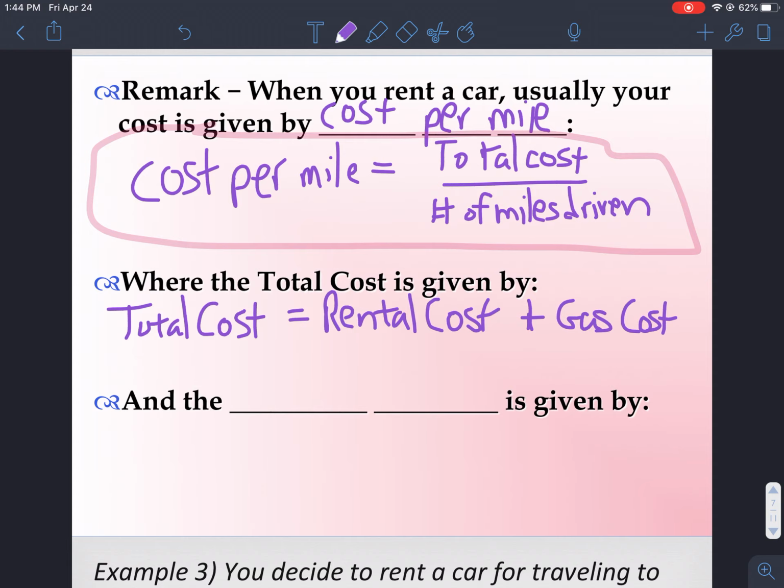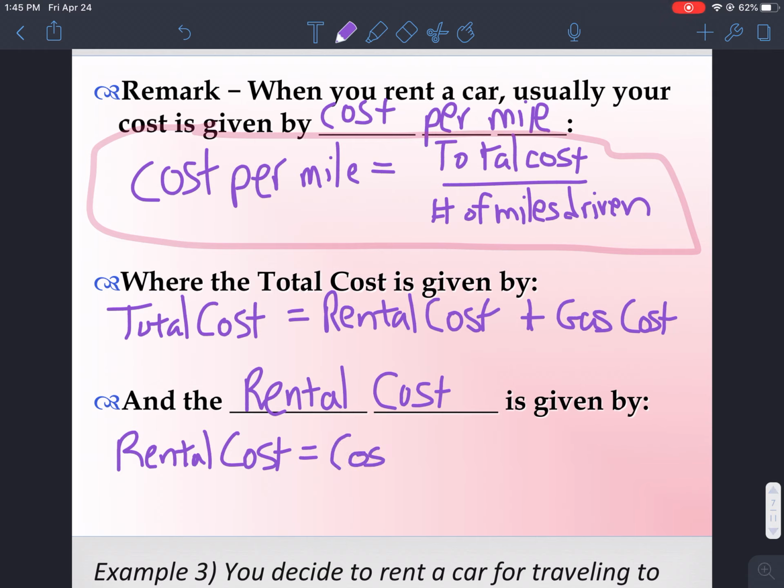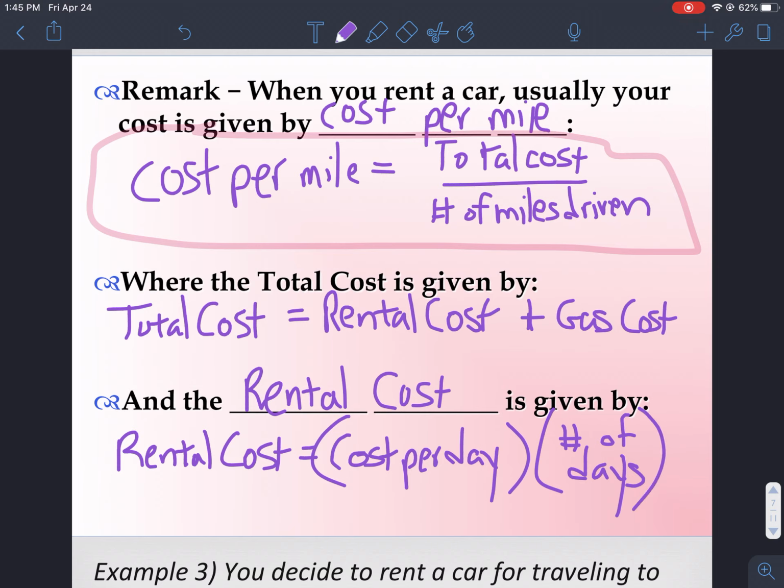So that rental cost can be further broken down into cost per day, which is set by the company, Avis or Enterprise or Hertz or something like that, multiplied by the number of days you need it for. Three formulas that are all interconnected.